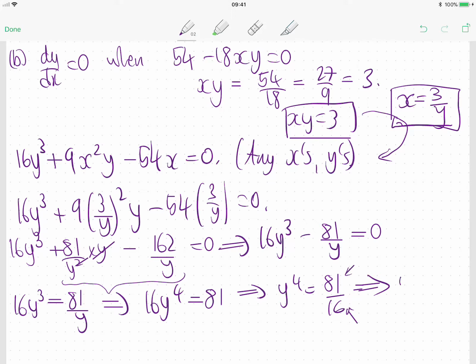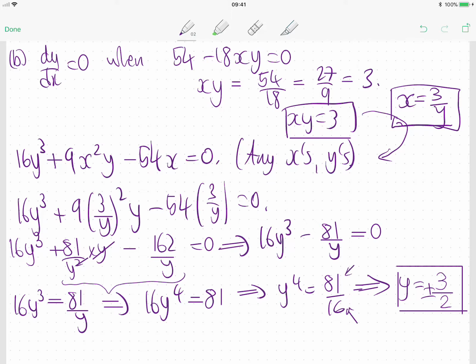So this implies that y, so we take the fourth roots, fourth root is going to be 3 divided by 2. And because there's an even power, we could use a negative, and that would result in a positive number. So there you go, we found the values of y.